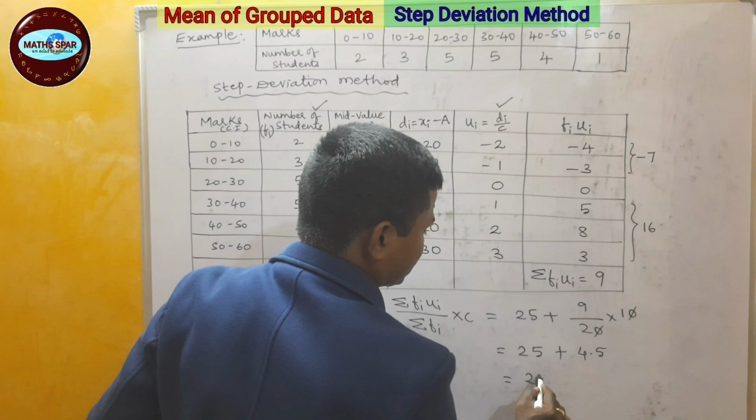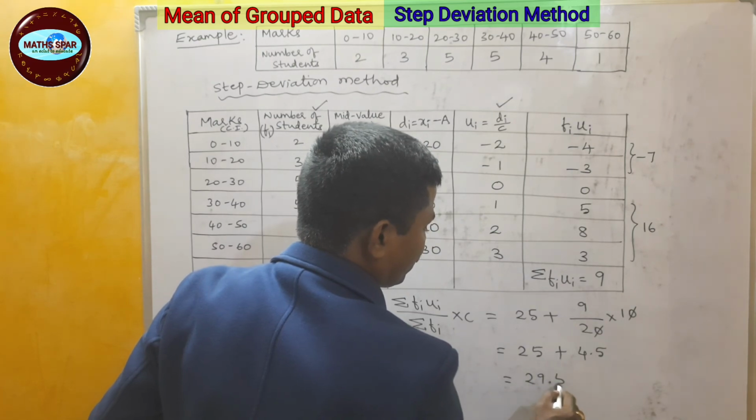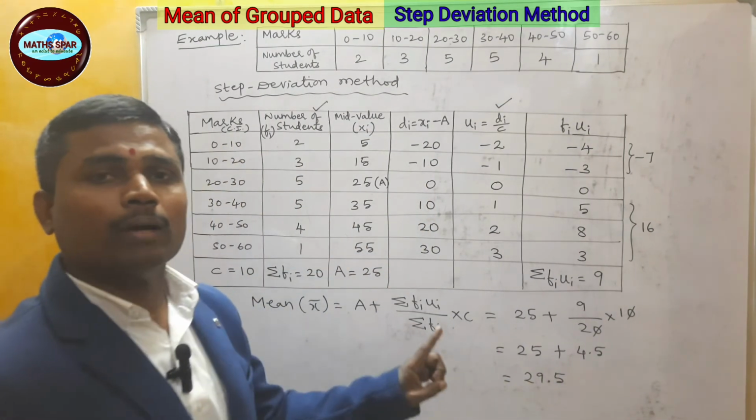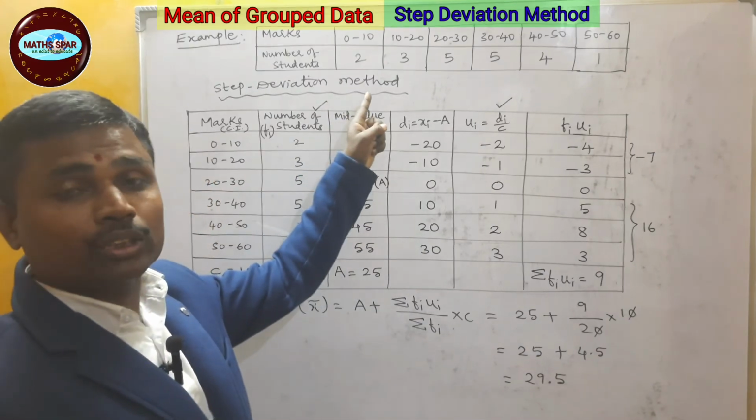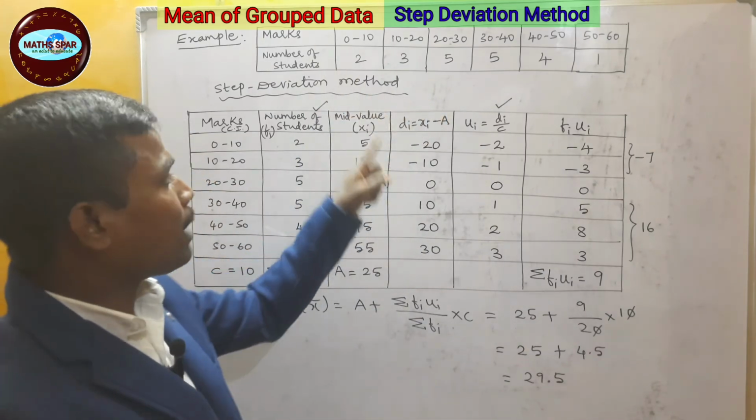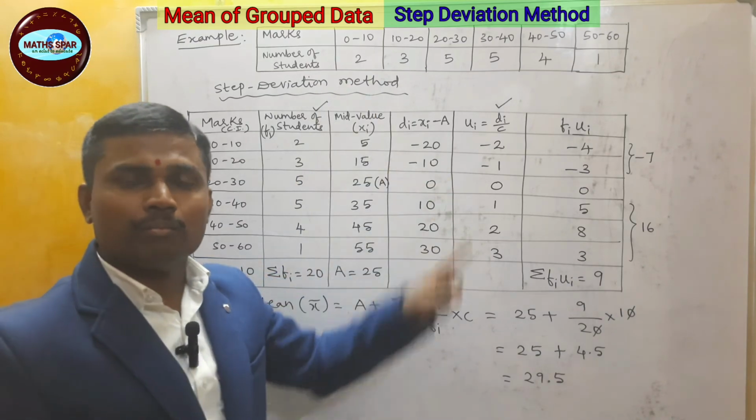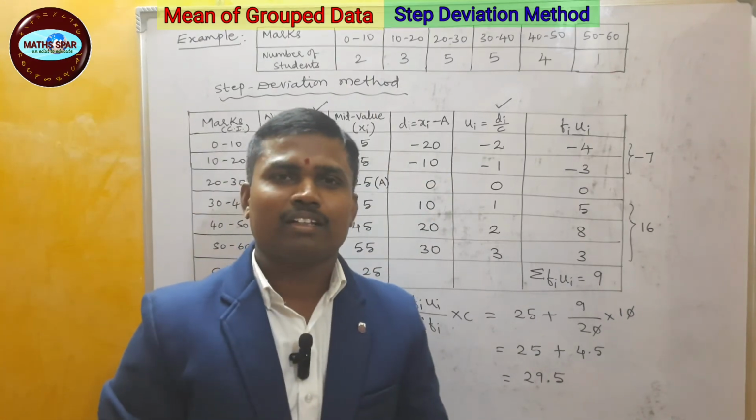So the result here is 29.5, which is the mean of the given distribution with class intervals by the step deviation method. Thank you.